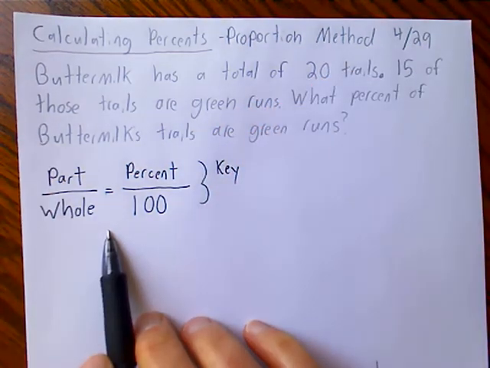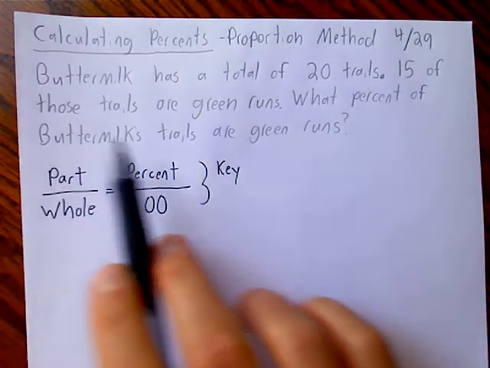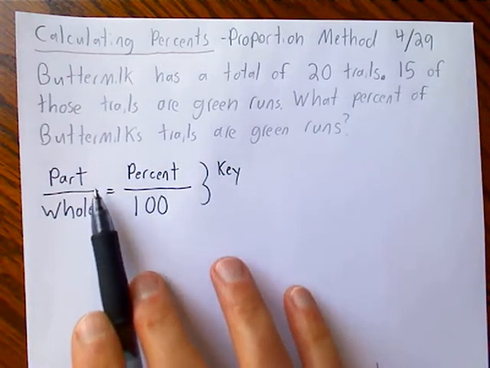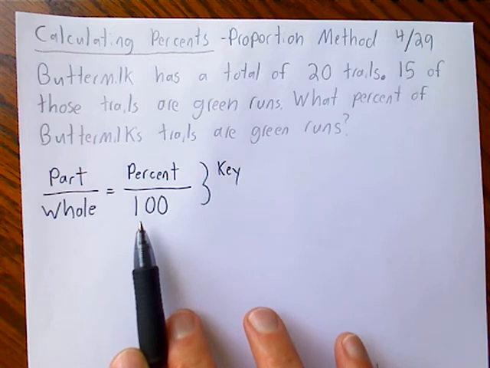This is the proportion we're going to use over and over again to help us solve these percent problems. So start to memorize this proportion. Part over whole equals percent over 100.